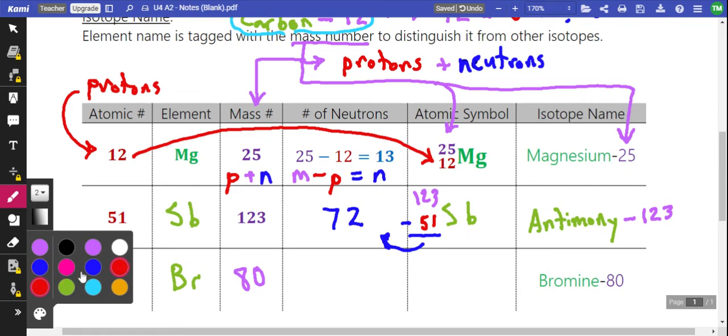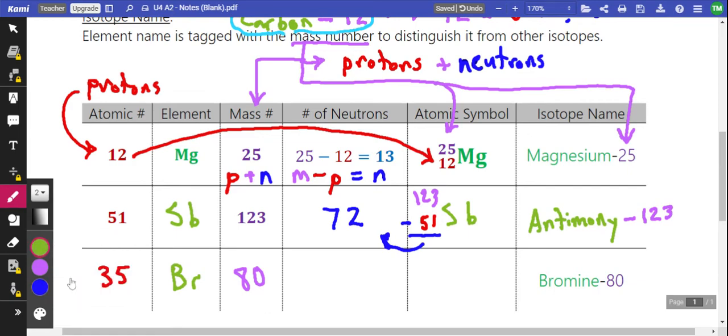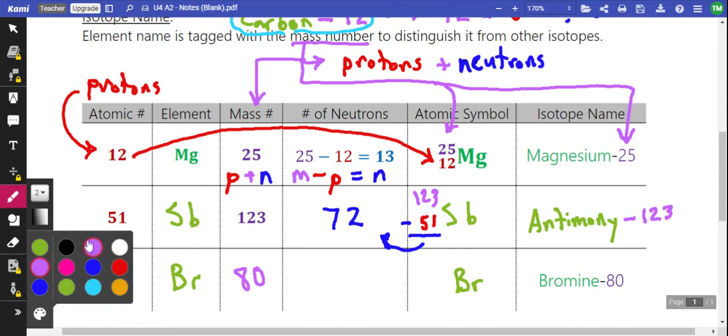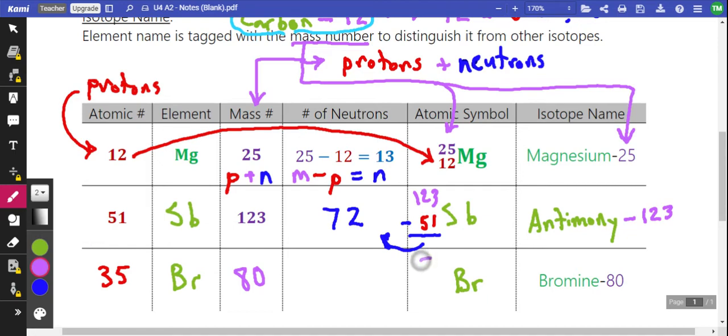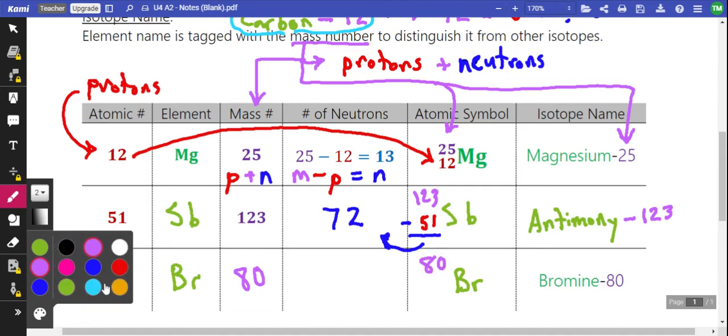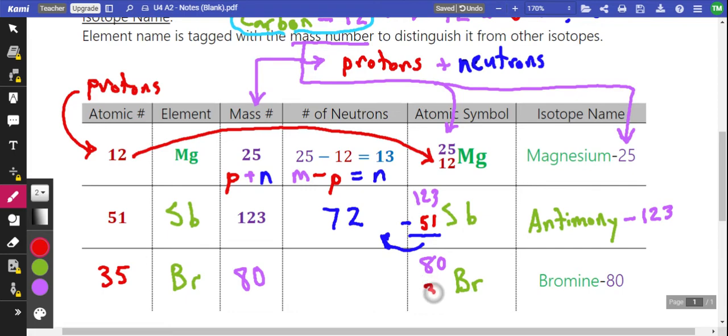Now I can write its atomic symbol. I've got Br. Our mass number of 80 goes up in the top left, and our atomic number of 35 goes down in the bottom left.